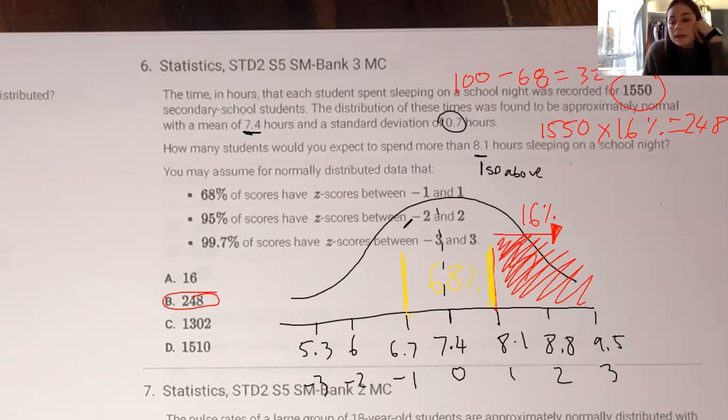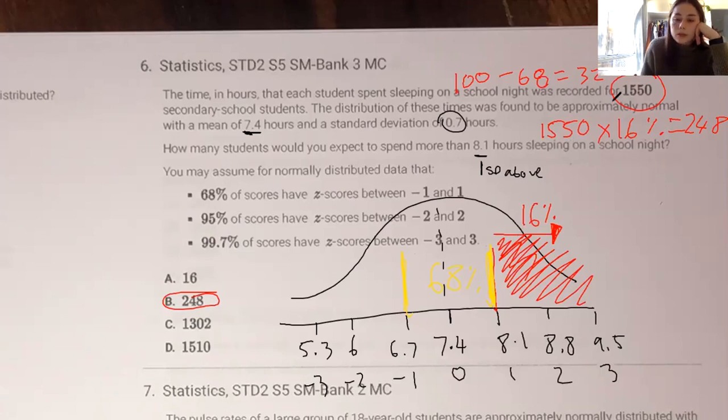And then between 1 and -1 is 68, so on either side would be 16. So 16 would be above 8.1. So 16 times 1,550. But I don't like doing stuff in my head, so that's why I draw the picture. It's so much easier for me to visualize what I'm trying to do.